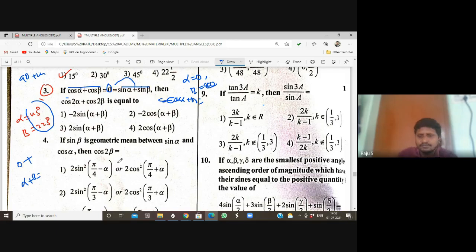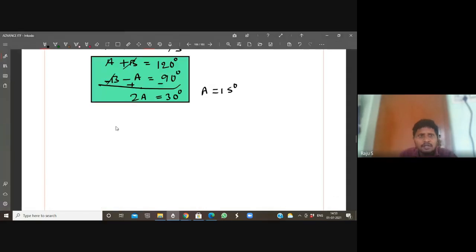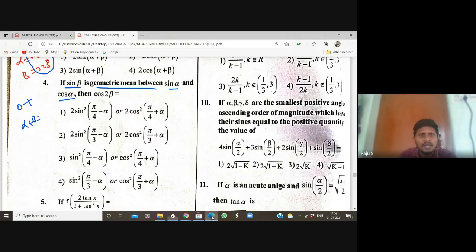You can try that second procedure. Next, question number 4. Sin beta is a geometric mean between sin alpha and cos alpha. Sin beta is the geometric mean, which means root of AB, the geometric mean of sin alpha and cos alpha.